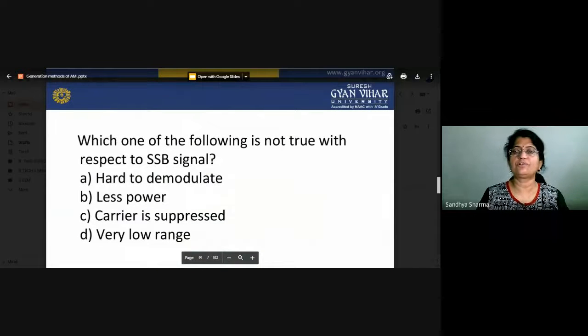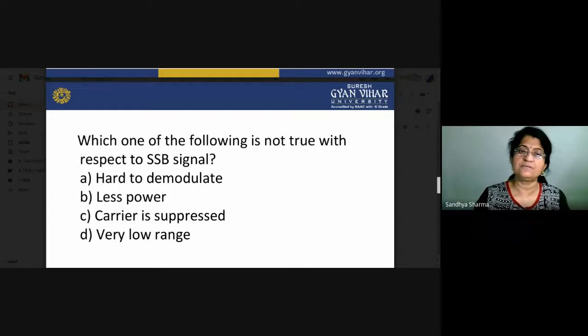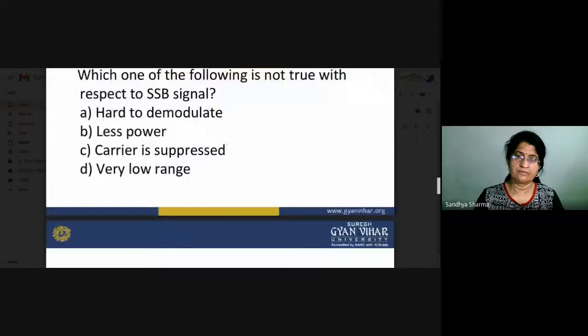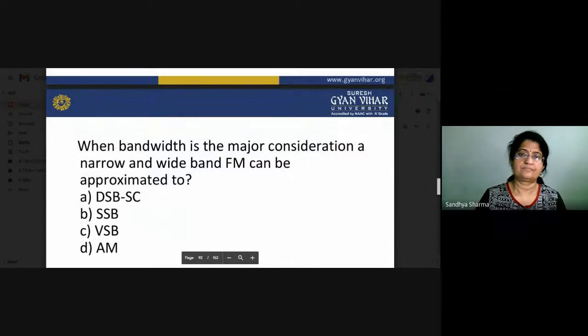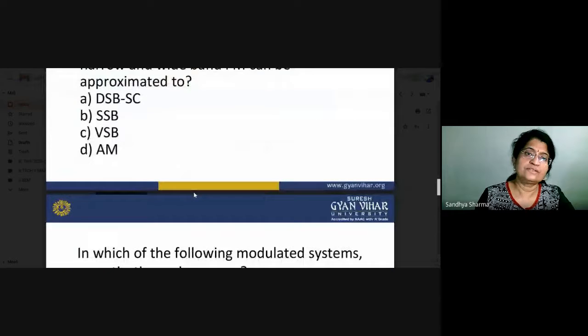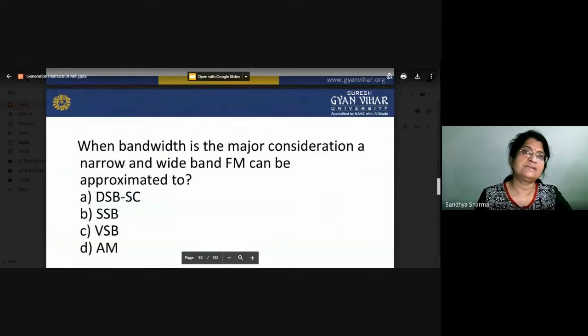Which one of the following is not true with respect to SSB? You have to completely study DSB and SSB. What is the role of? What about the bandwidth consideration in narrowband and wideband FM? You can also know about this type of system. Which type of FM system is approximately near to AM?